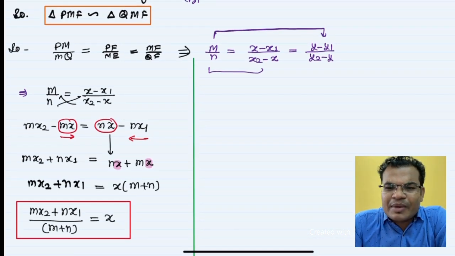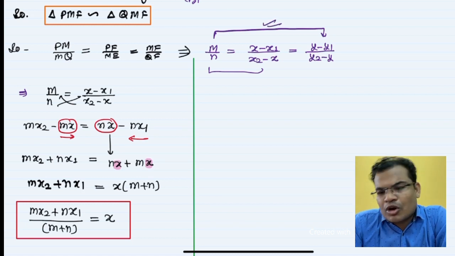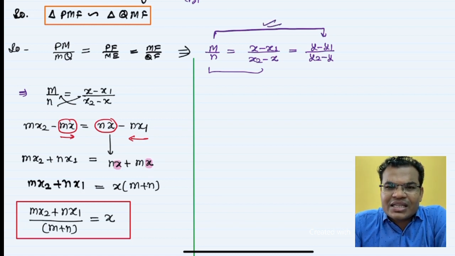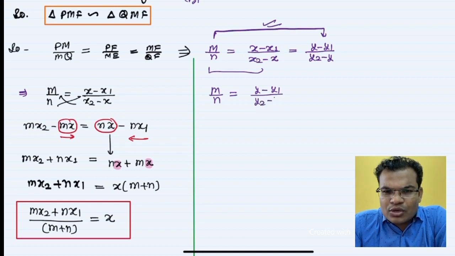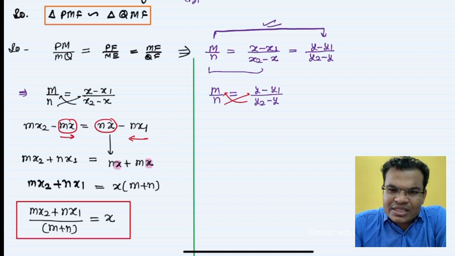So basically this section formula gives the values of x and y, which are the coordinates of point M, or P, we can say. The second thing is we take m upon n with the last term, y minus y1 upon y2 minus y. I'm writing here y2 minus y. So m is multiplied with y2 minus y, and n with y minus y1, right?